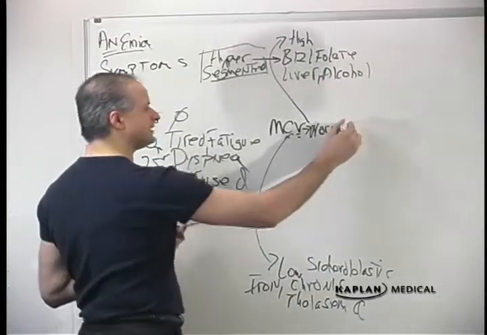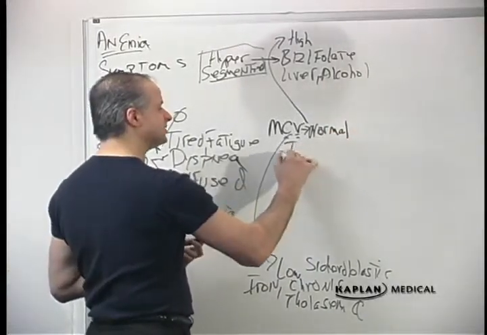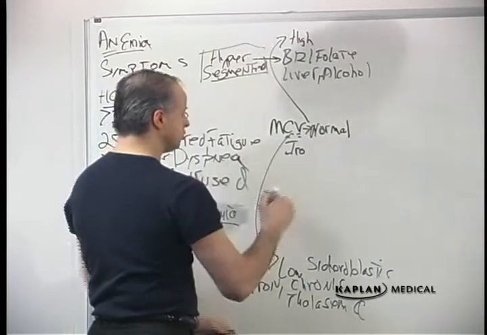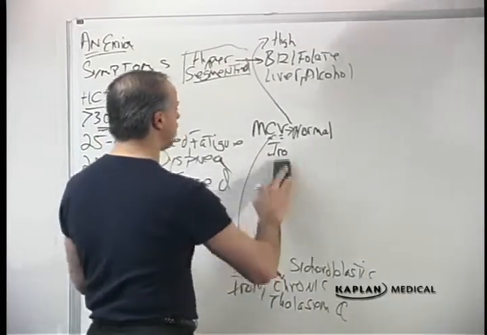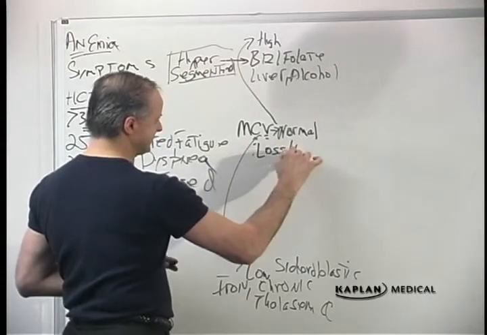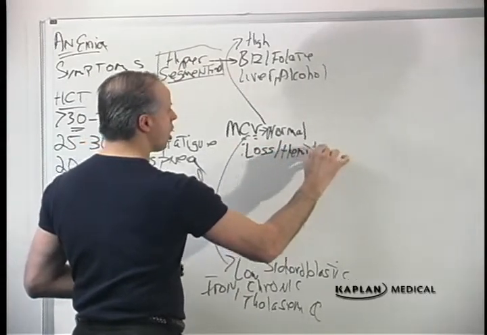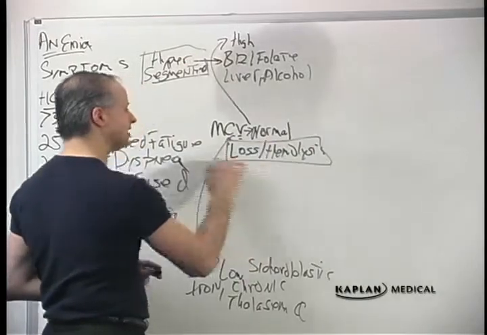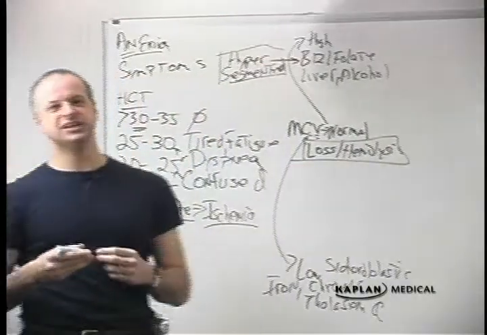Because the normal MCV anemia is basically iron through blood loss and hemolysis. So blood loss and hemolysis are the two best ways to get a normal MCV anemia.